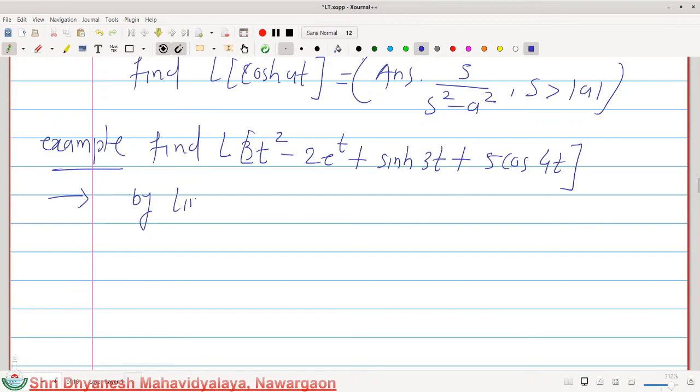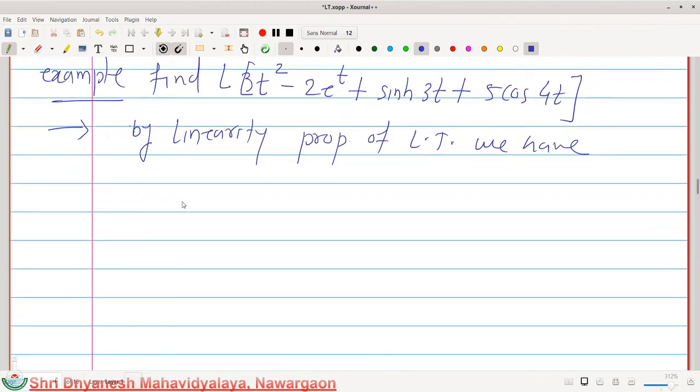So by linearity property of Laplace transform, we have Laplace transform of 3t square minus 2e^t plus sinh(3t) plus 5 cos(4t) equals, because of lack of space here, I will write that just below this.